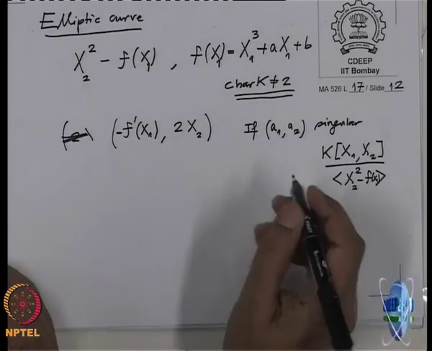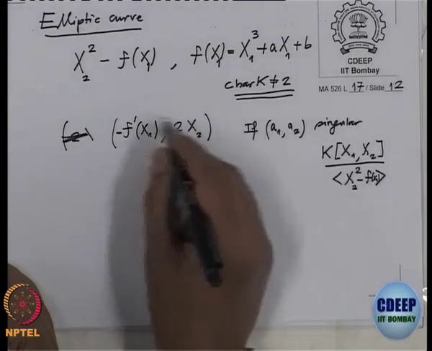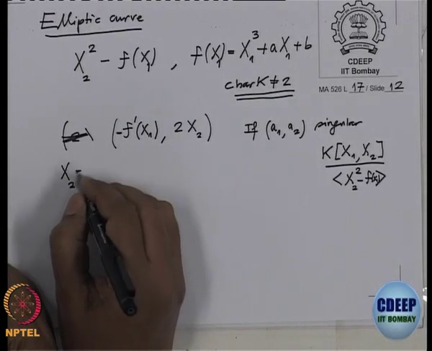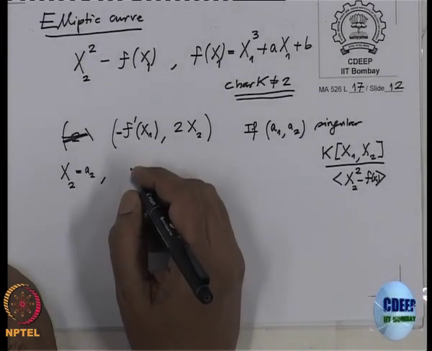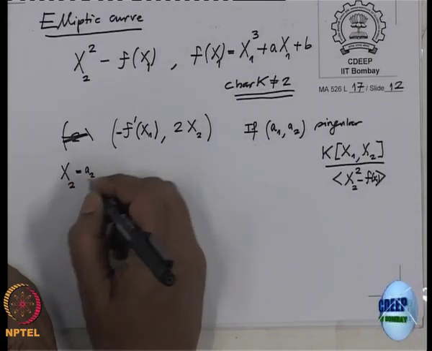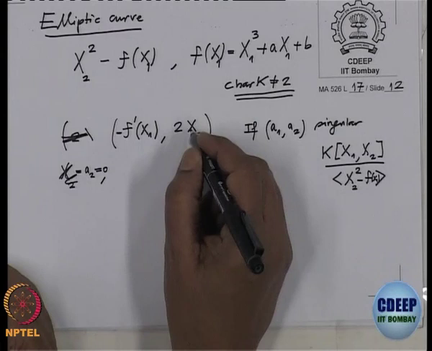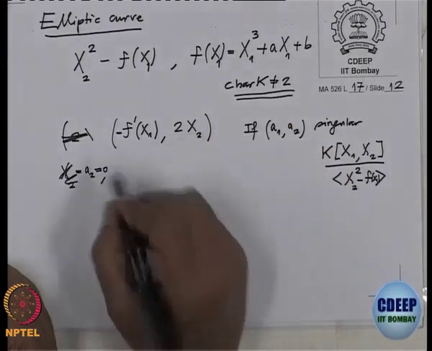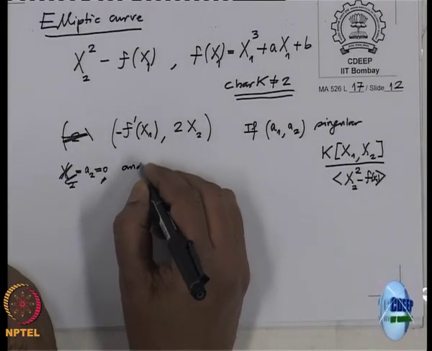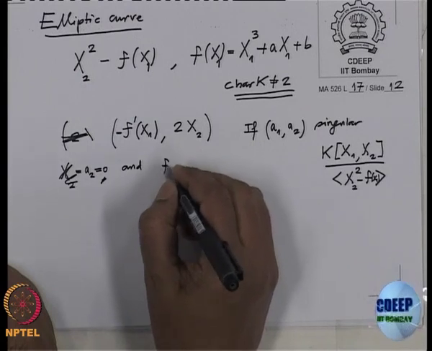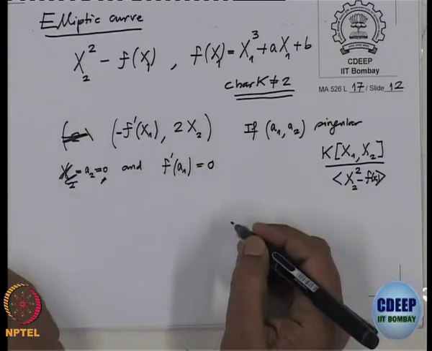So, when do singular points exist? That means when I plug this in, it should become 0. That means the condition is x2 equal to a2, and a2 should be 0, because this coordinate should be 0, characteristic is not 2, therefore a2 should be 0, and f prime at a1 should also be 0.